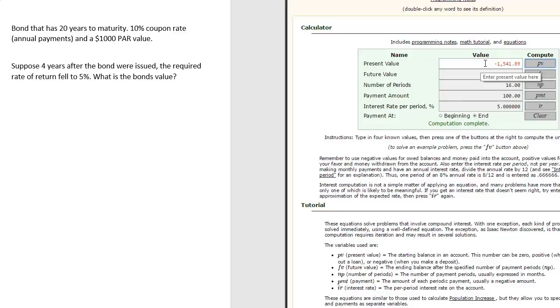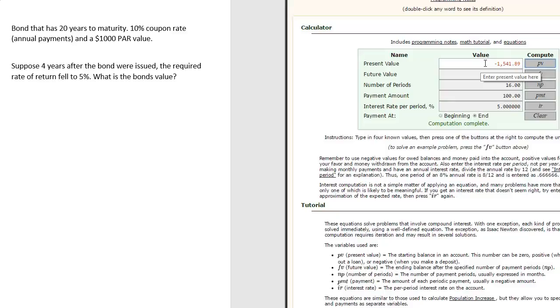Of course, they have computers that do that now, but that's what will happen. You can very rarely find that. That's what's called arbitrage. If you did find a bond that you could only pay $1,000 for, that paid 10%, yet the required rate of return is only 5, gosh, you would mortgage your house and buy as many of those bonds as possible because you've just found an arbitrage opportunity in the market.